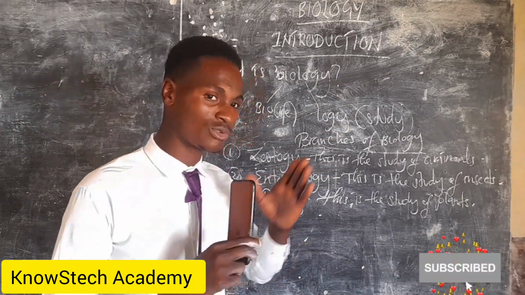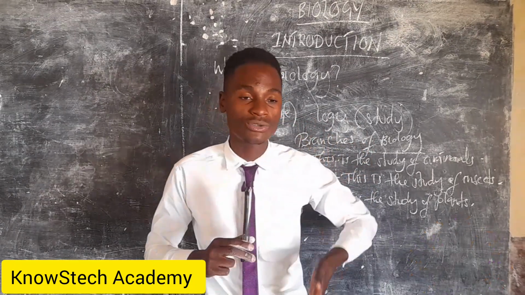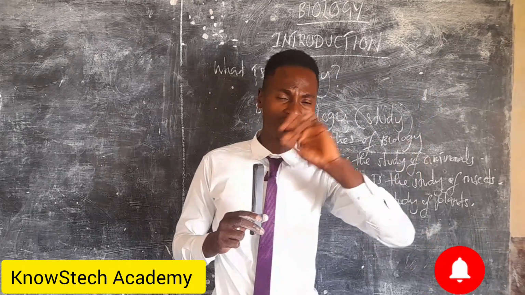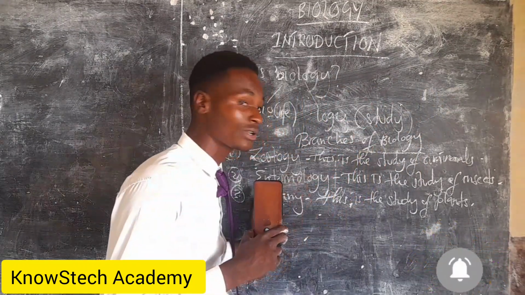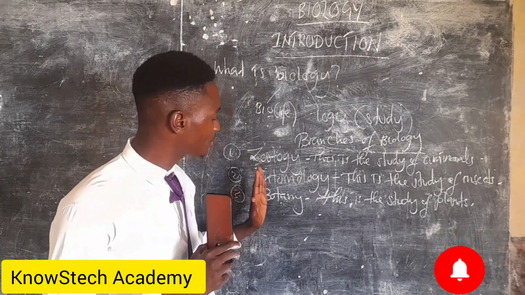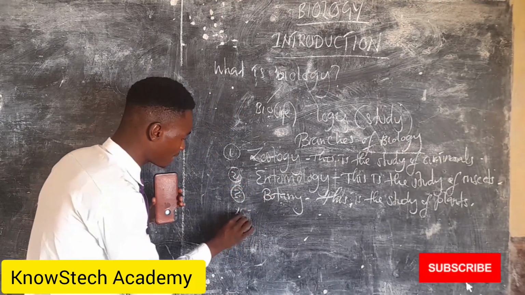We have another branch. Remember that I said that the term biology is like a tree, the stem which has branches. Now these branches are the ones we're looking at. We've looked at zoology so far, entomology, and botany.